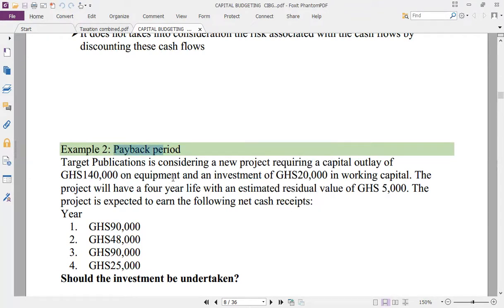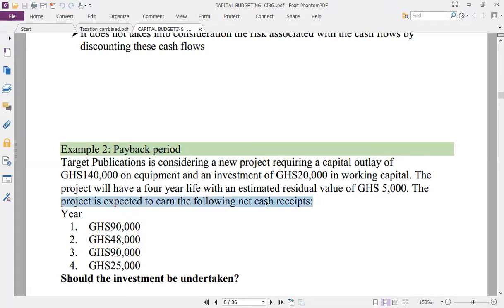It says Target Publication is considering a new project requiring a capital outlay of 140,000 on equipment, and an investment of 20,000 in working capital. The project will have a 4-year life with an estimated residual value of 5,000. The project is expected to earn the following net cash receipts.